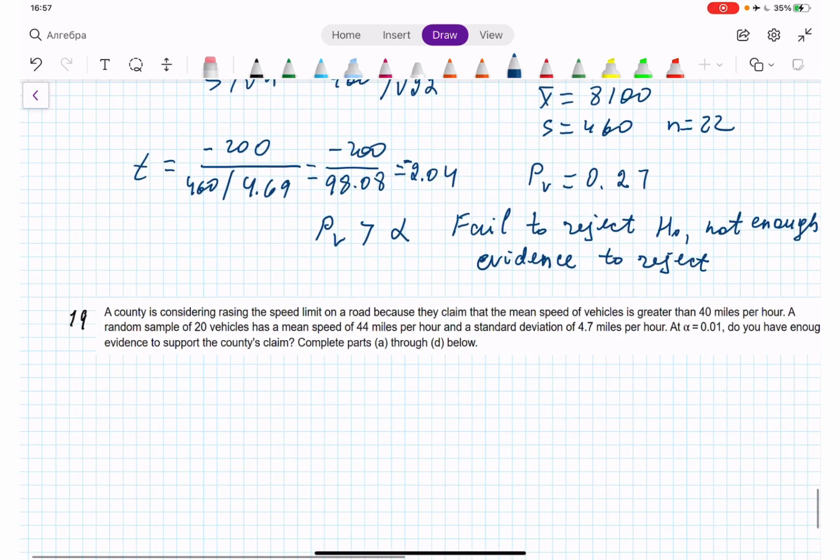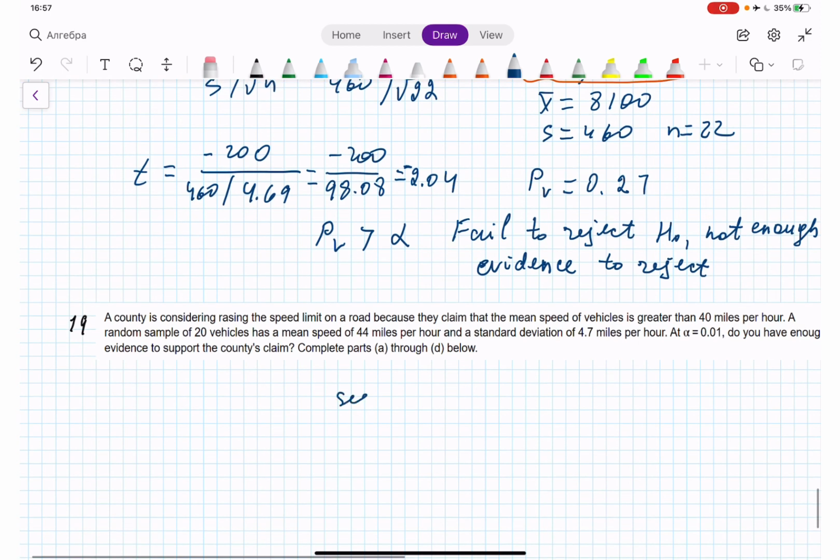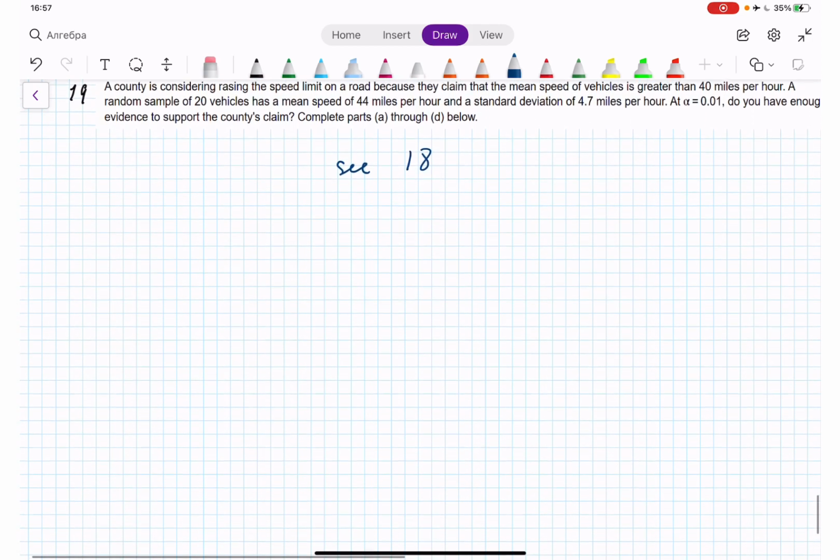And the last one, okay, it's absolutely the same way. You can look, see number 18 or 17 or 16, it's the same thing. All right, I'm done.